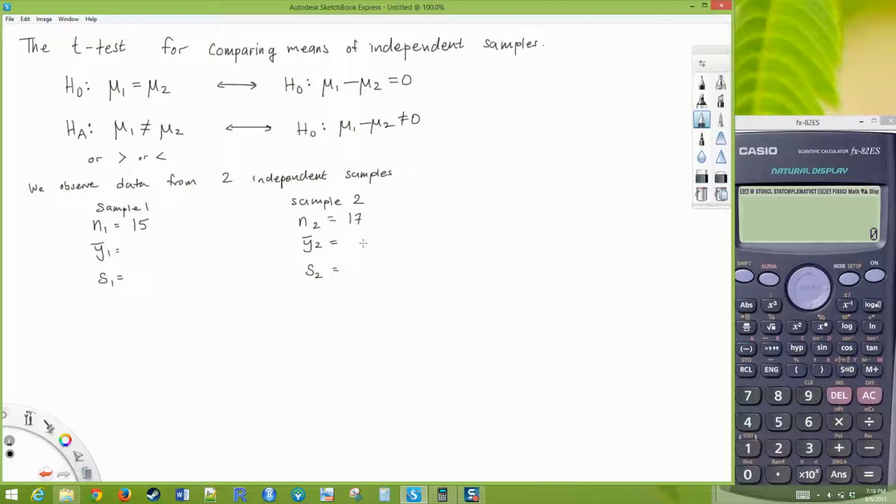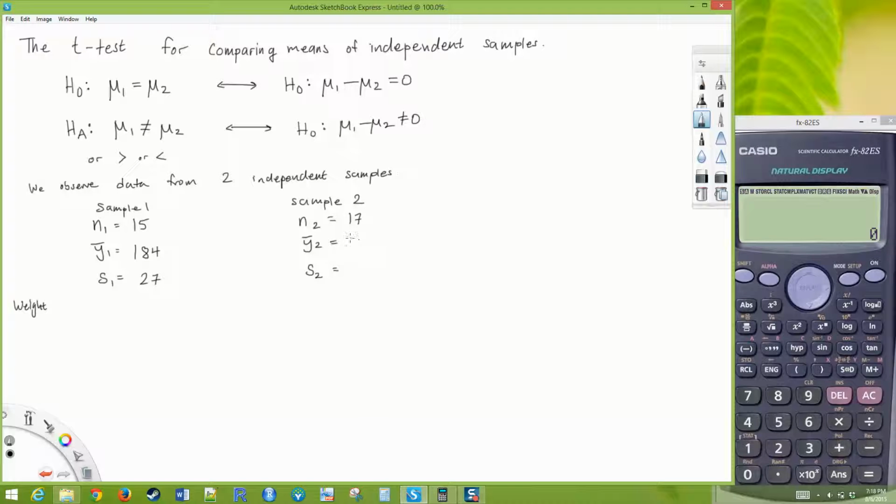What shall we measure? Let's say we measure the weight. Oh, and we'll say the mean weight, I don't know, 184 with a standard deviation of 27.